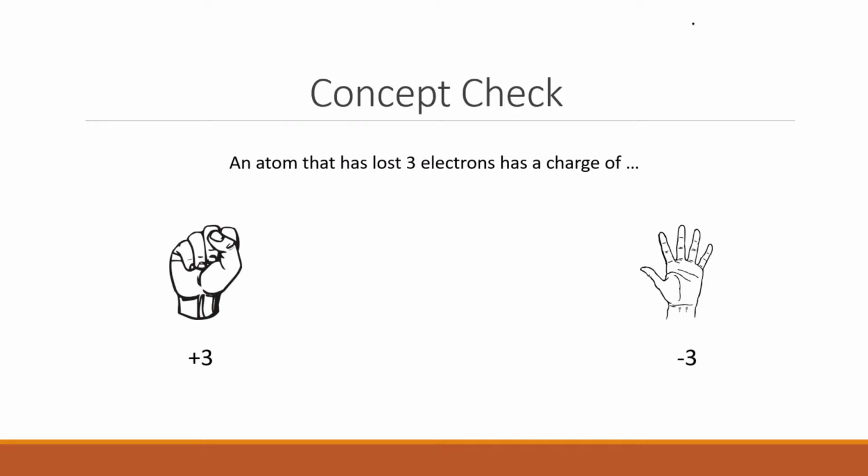So, an atom that has lost 3 electrons has a charge of A, positive 3, or B, negative 3.